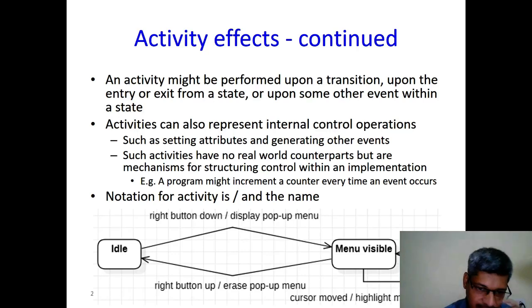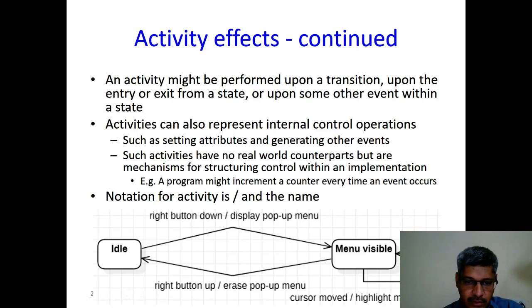So the notation for an activity is the slash followed by the name. Okay, so think in this case, say for example, it is in an idle state. Okay, and then when you click the button, say for example the menu is visible. So basically you are moving to the state when an event occurs, which is the right button is down on a mouse.